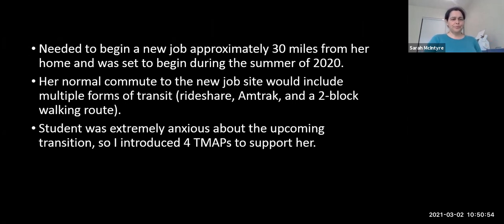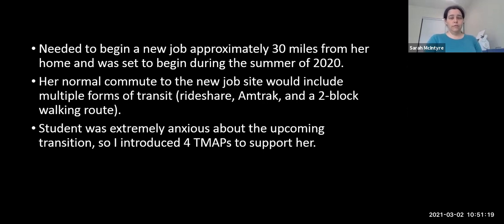Her normal commute was going to include multiple forms of transit, rideshare, Amtrak, and then a 2-block walking route. And it was the 2-block walking route that was causing her the most anxiety. She was extremely anxious about the transition, and because of COVID, I could not be right there with her.